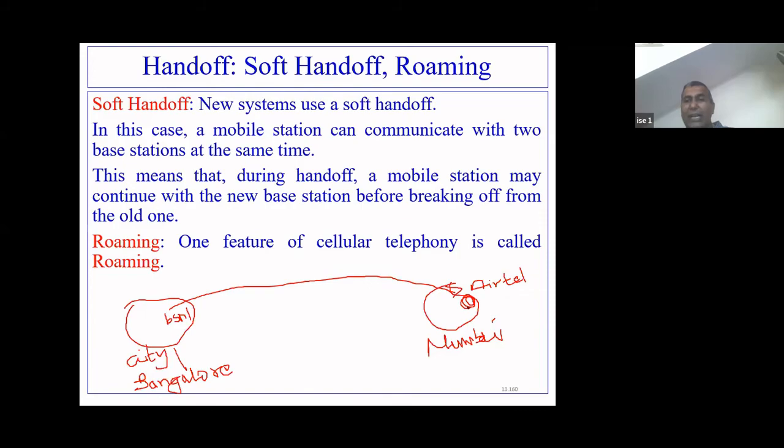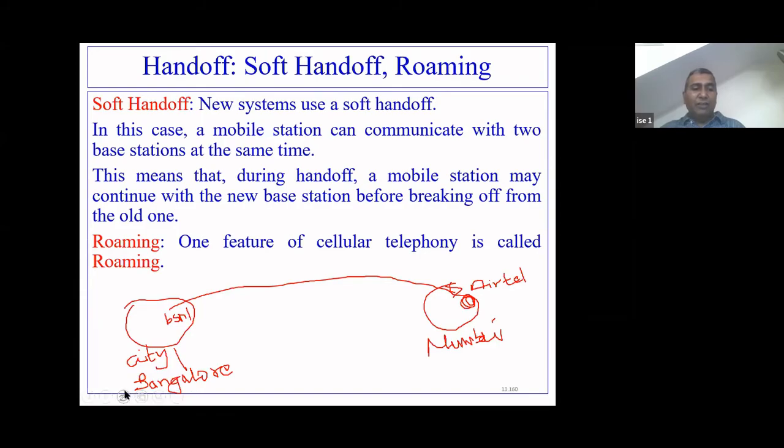But in India now, roaming charges are not there, but earlier there used to be roaming charges because of this kind of handoff, like BSNL will seek service from Airtel to provide connectivity to this particular user who has moved from Bangalore to Mumbai, and he becomes in roaming mode. To provide the services, Airtel will charge some extra amount. But now in India, that is not happening. So even roaming is free.